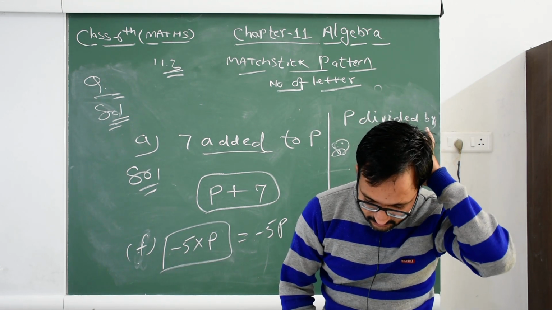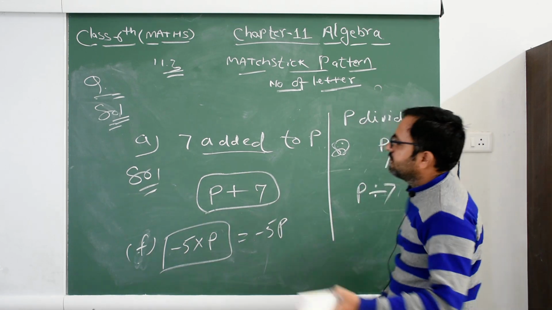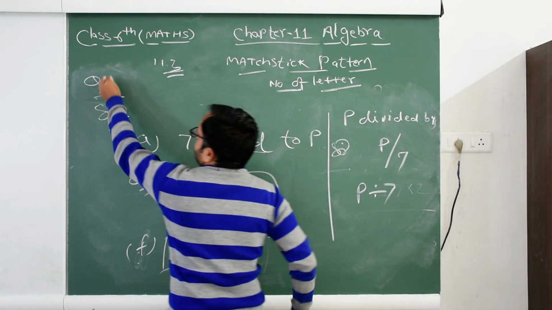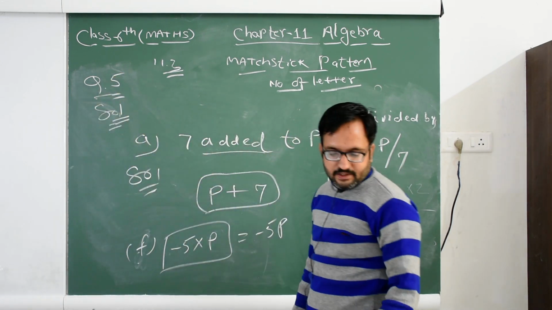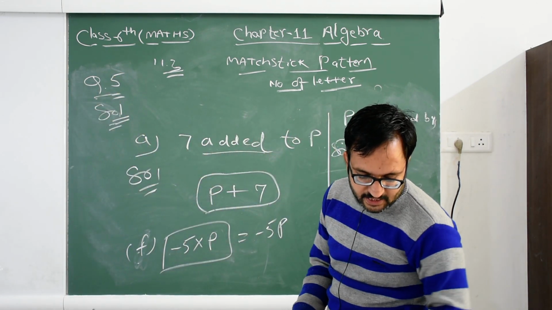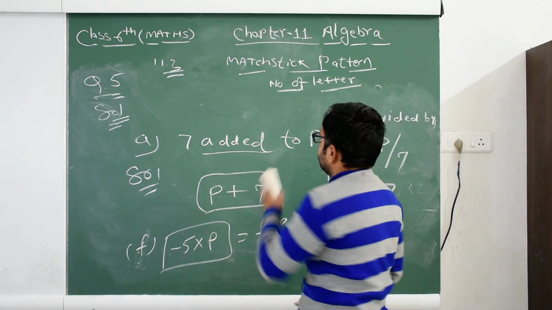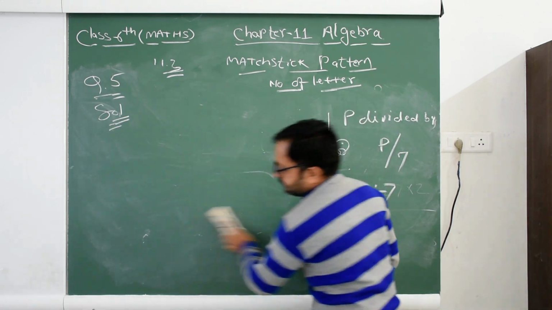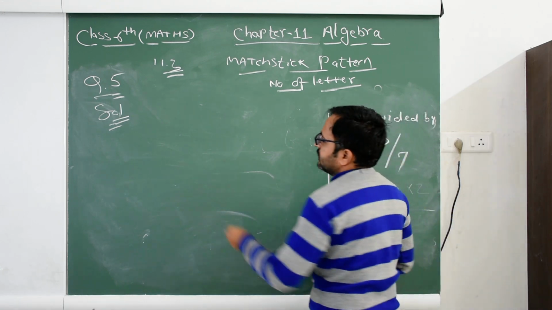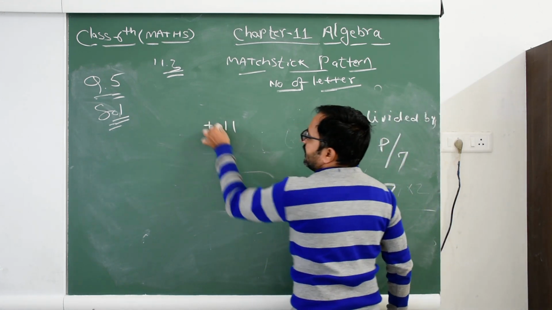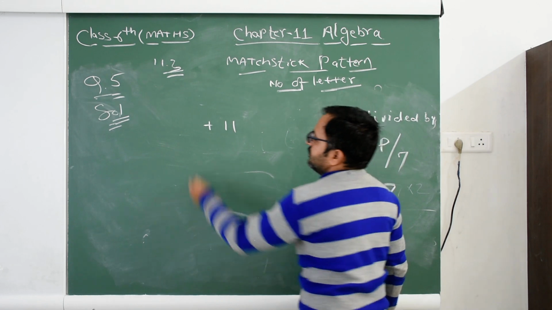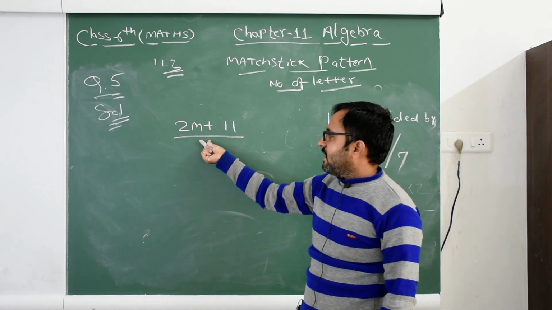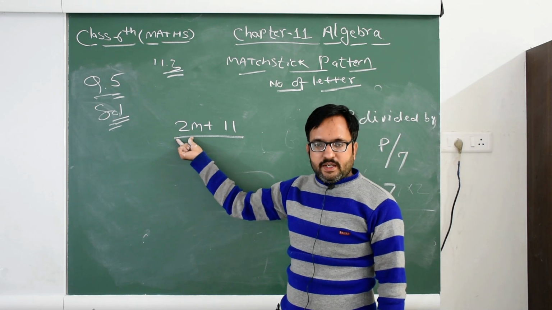Now give the expression for the following cases. Question number 5 is similar to question number 4. Again we give the expression. Your first is 11 added to 2m. We add 11 to 2m.